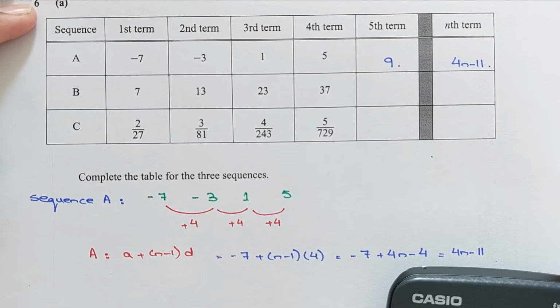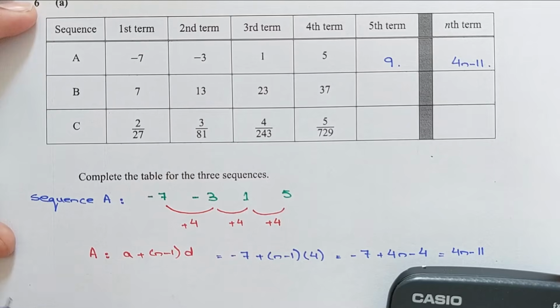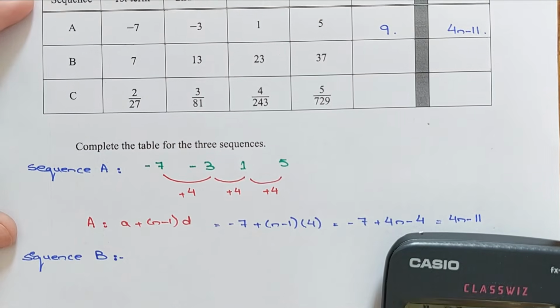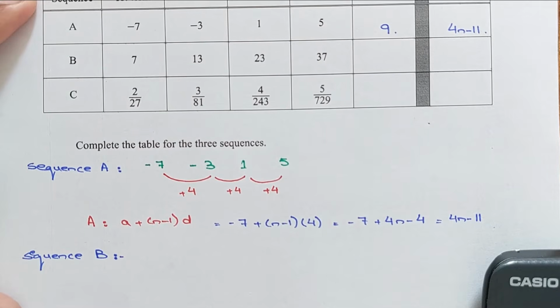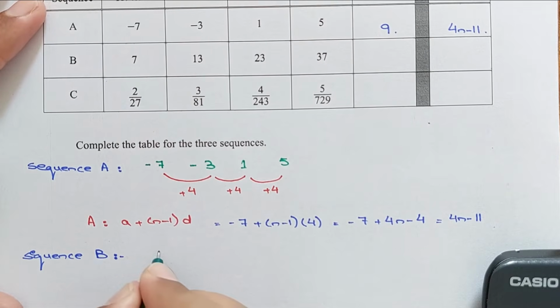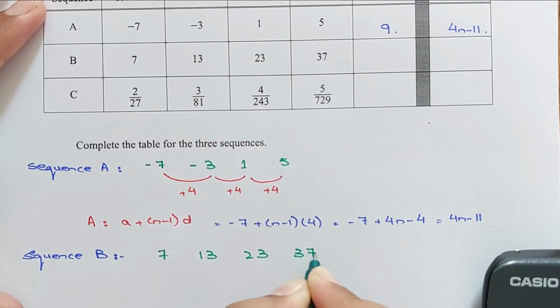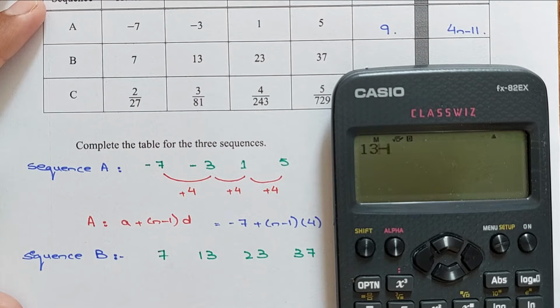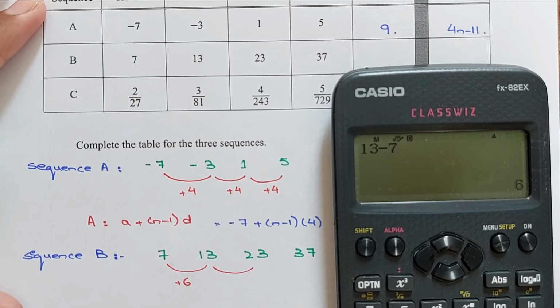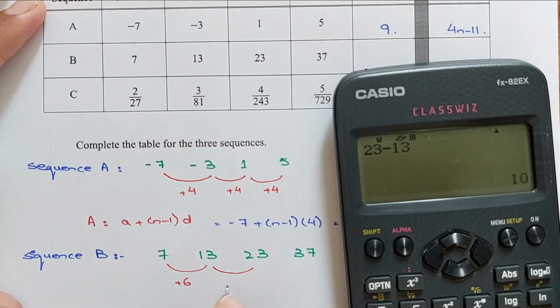Now moving to sequence B. The sequence B we have is 7, 13, 23, 37. Let me find the differences. 13 minus 7 is 6, 23 minus 13 is 10, and 37 minus 23 is 14.